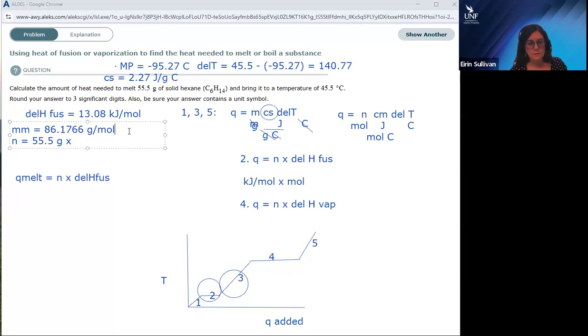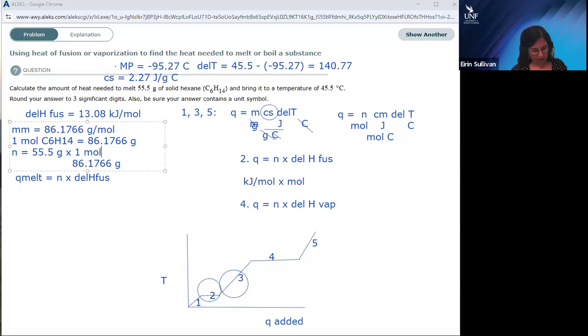The trick I always teach people is to write your molar mass out as an equivalency. So 1 mole of hexane weighs exactly 86.1766 grams, and then it's very easy for me to see that I've got to put the grams on the bottom of this conversion factor, instead of wondering whether I multiply or divide by the molar mass depending which direction I'm going.